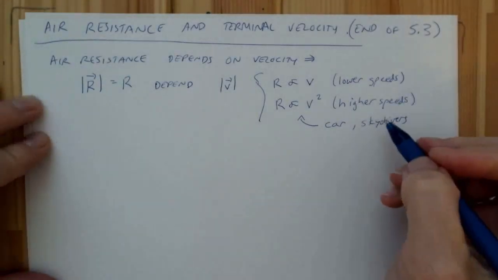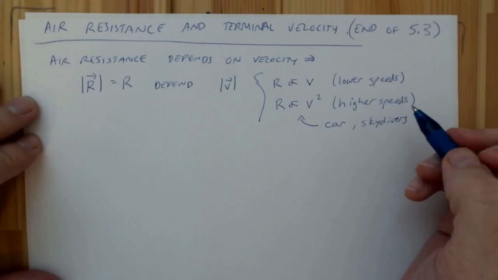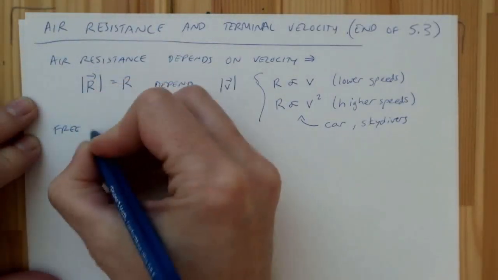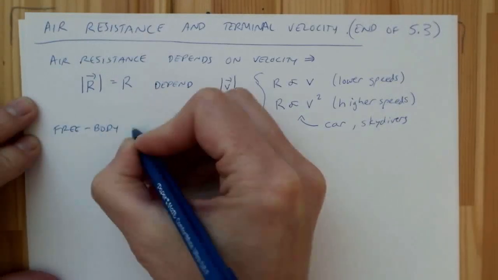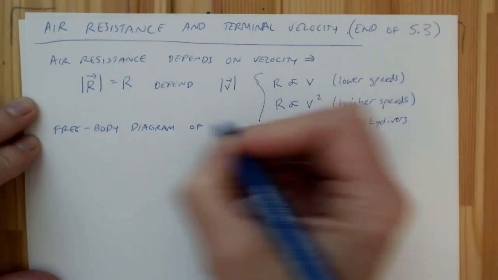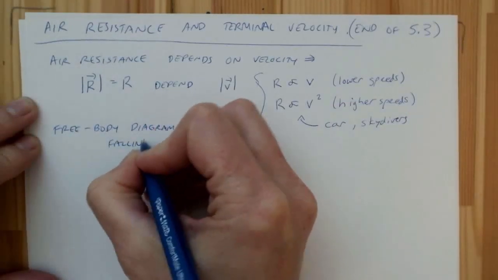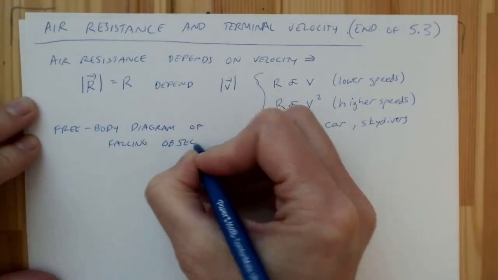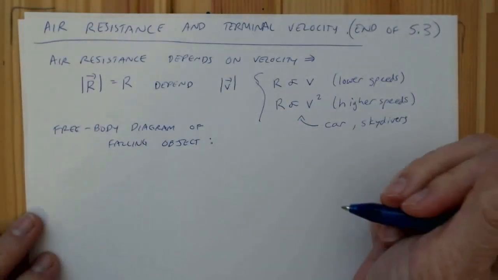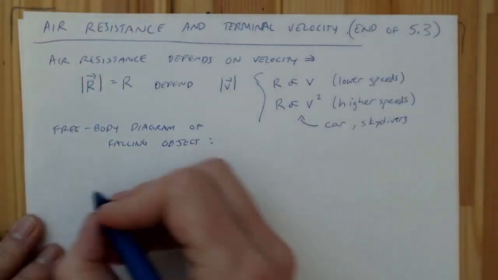Alright, so if we actually now look at what happens to a free body diagram of the object falling through the air. So let's say that we have a free body diagram of a falling object. And the object is no longer in so-called free fall because we're not ignoring air resistance any longer.